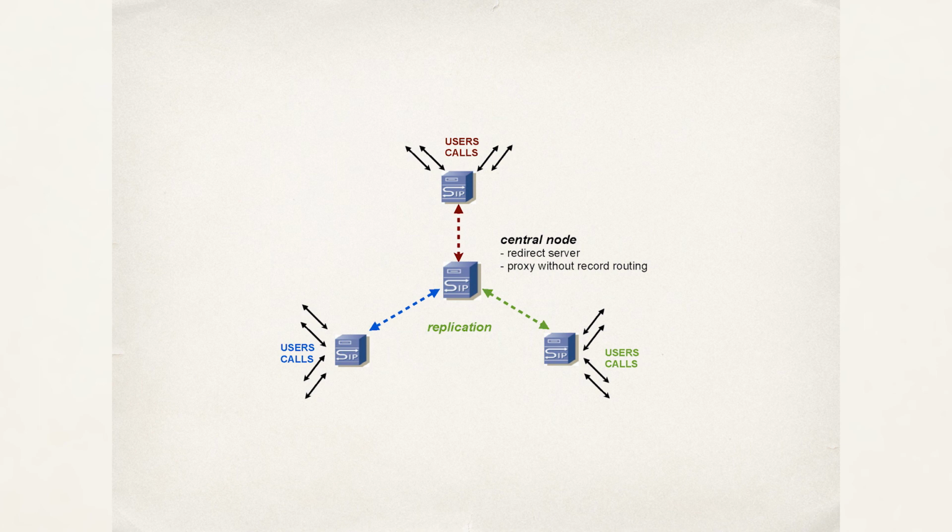You just replicate the minimum necessary to say this guy is with this node. And then that central node may stay in signaling based on record routing, which is SIP specific. Again, example, no need to write. It's everything available. It's just a configuration file.